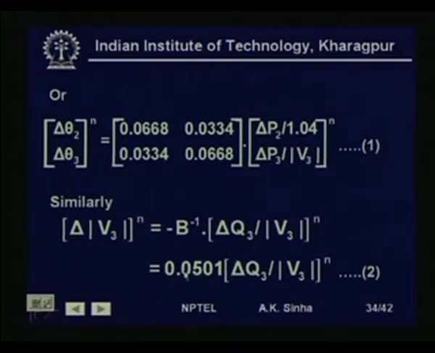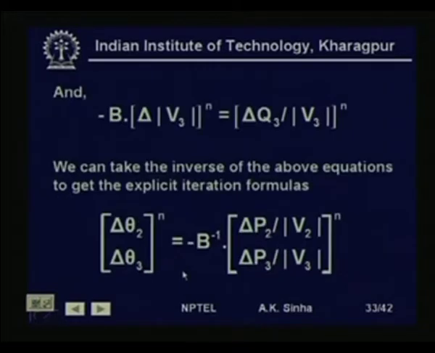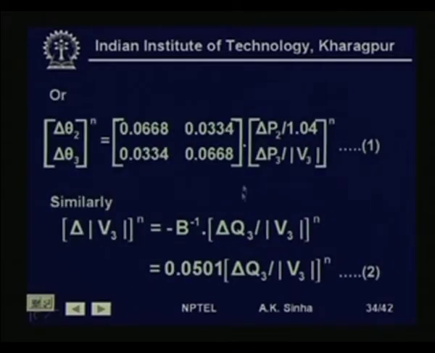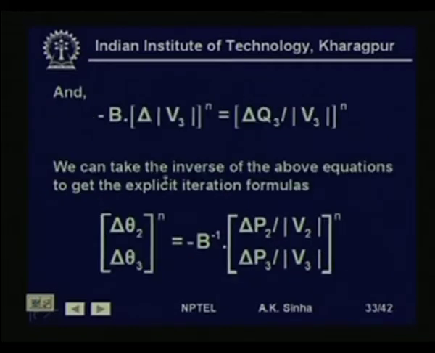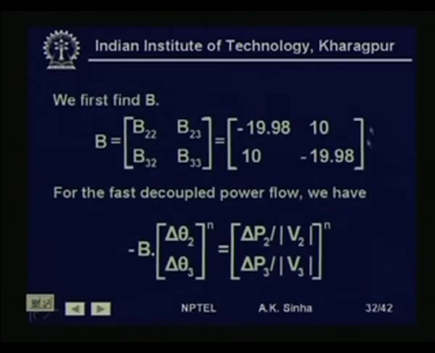Now, here, since we have only V3, that is, bus 3 terms available, in this case minus B inverse will be only the inverse of this term.